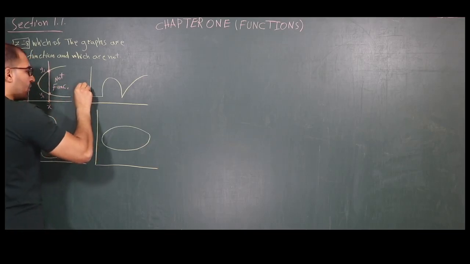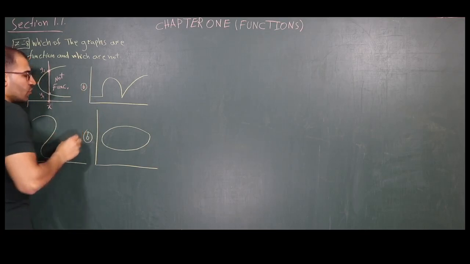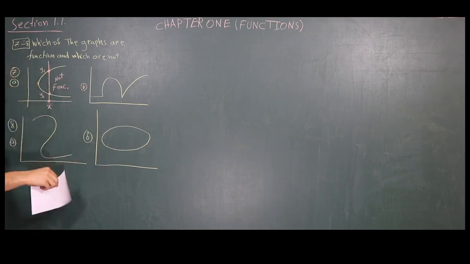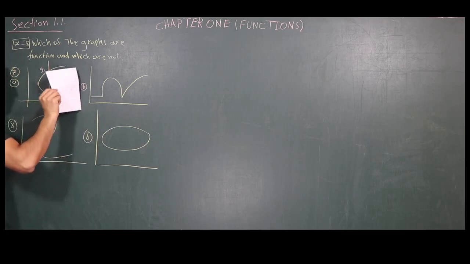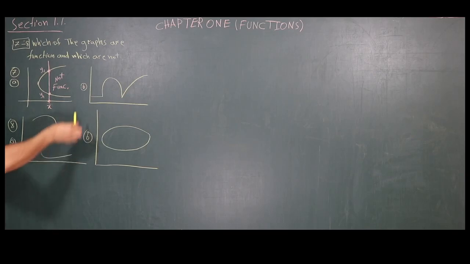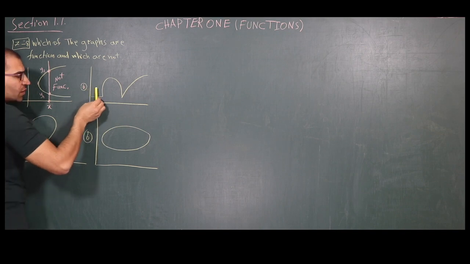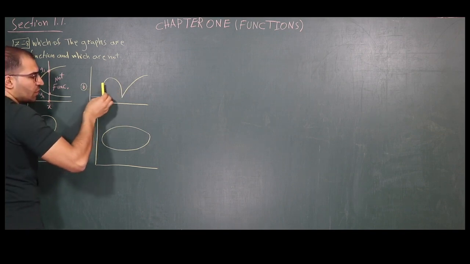Now we have the other, sorry, it's B. We have the other graph, and also we're going to do the vertical line test. Imagine that we have this chalk as a vertical line, and we will pass it from the left all the way to the right.